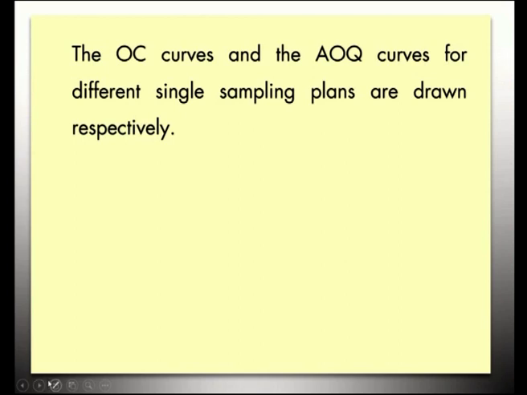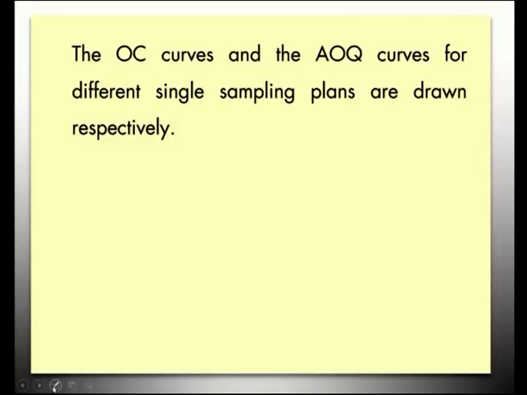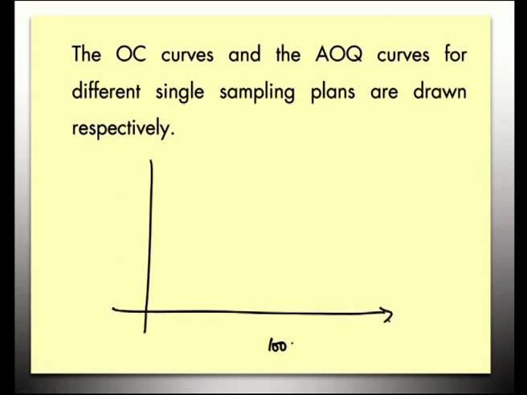Okay. Next, the OC curves and AOQ curves for different single sampling plans are drawn respectively, because we have 3 sampling plans corresponding to C is equal to 1, C is equal to 2 and C is equal to 3. All the things will be plotted in the same curve here, and this is 100p values and this is p values 0.1, 0.2, 0.3 etc. it goes up to 1.0 and this is 0.2, 0.8, 1.4 like that, and the curves are drawn like this.